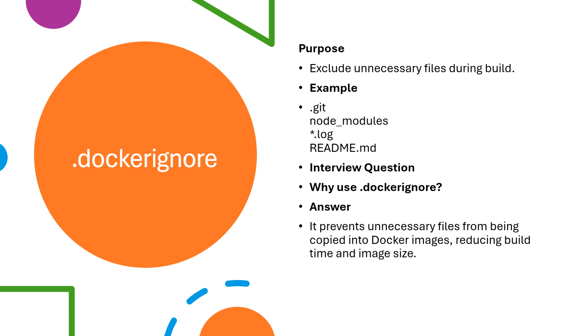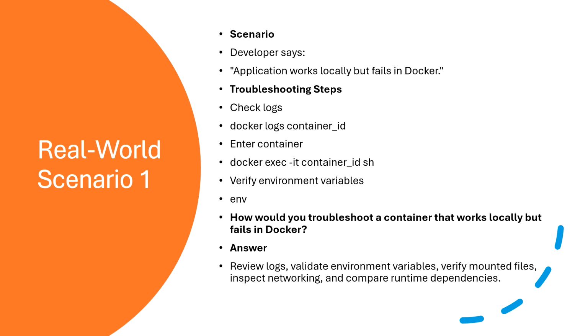These files can be ignored by using dockerignore, removing the unnecessary files. And the question can arise: why do we use dockerignore? Dockerignore prevents unnecessary files from being copied into Docker images, reducing the build time and also the image size.